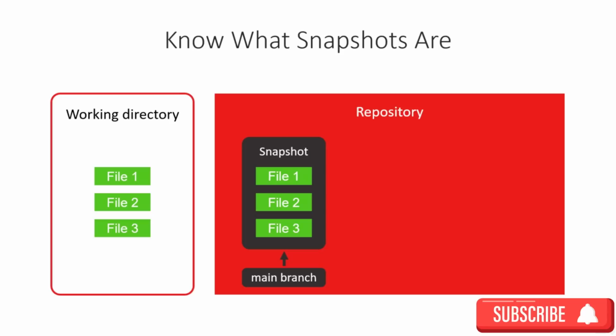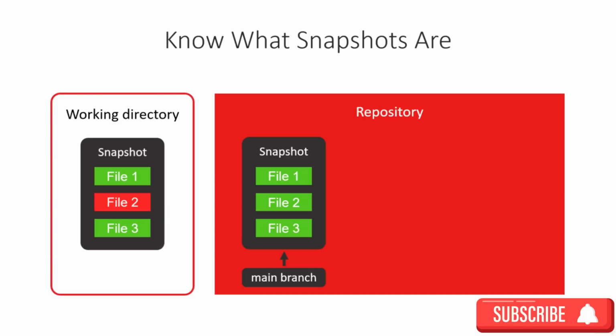Now, let's assume that after this commit, you modify the file2 in your working directory. Next, you stage and commit that file. With this commit, Git does not only record the change of that single file. Instead, Git creates again a snapshot of all your files. So, you see, the term snapshot describes actually how a commit in Git works.